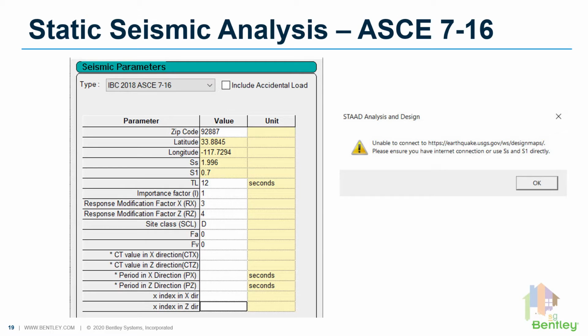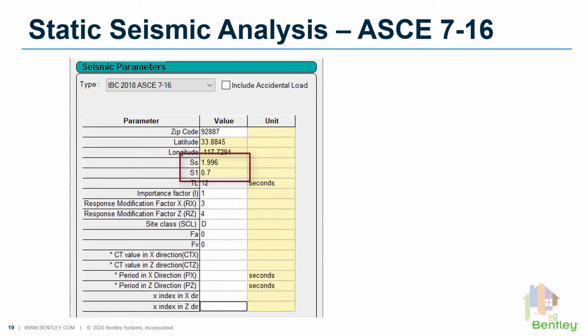If the net connection is not present, then you will notice a warning message. In such a case, you need to manually calculate the SS and S1 parameters and provide them in the fields. So either you can provide only the zip code or provide the SS and S1 parameter values.